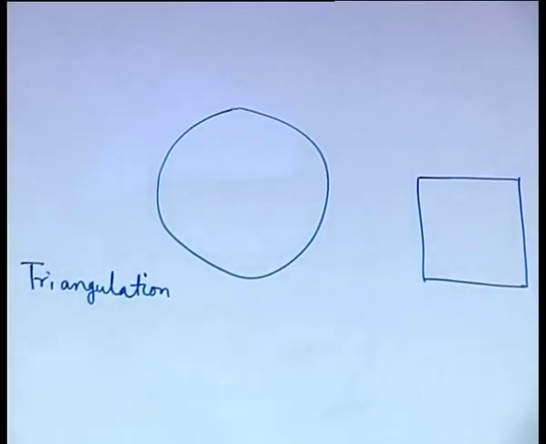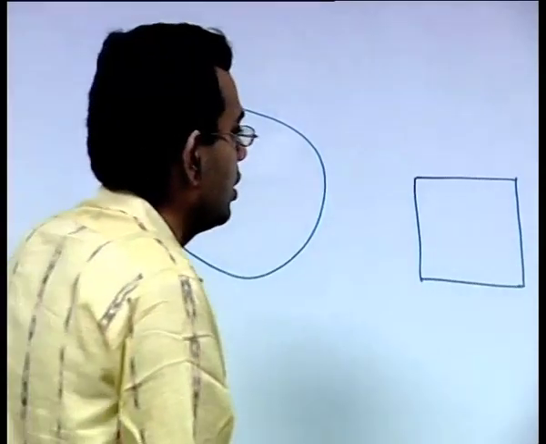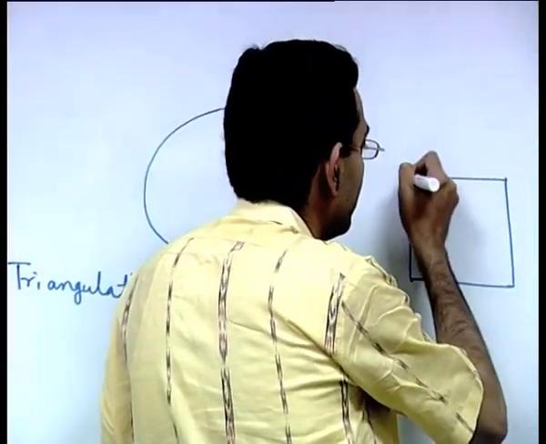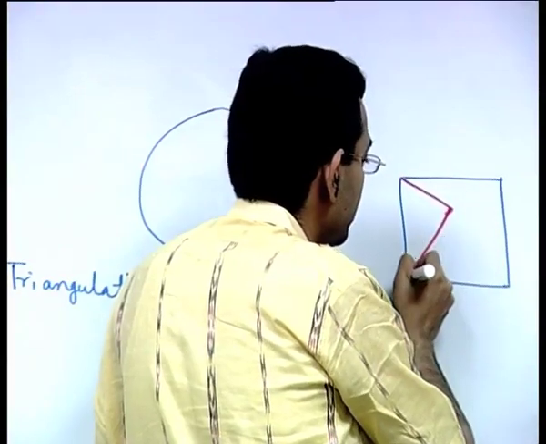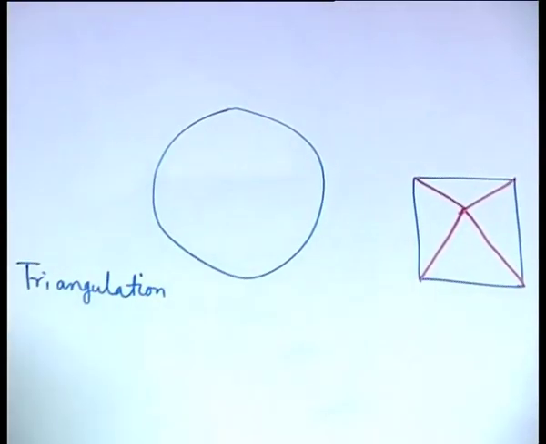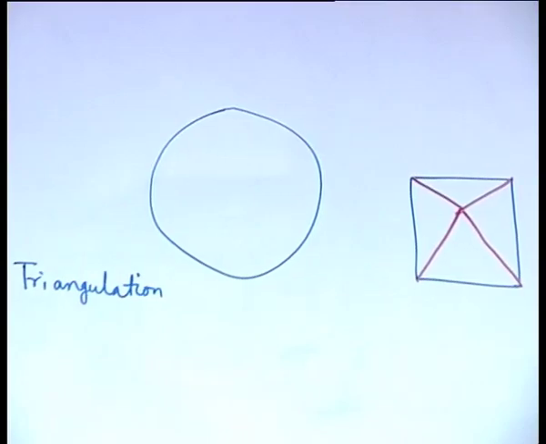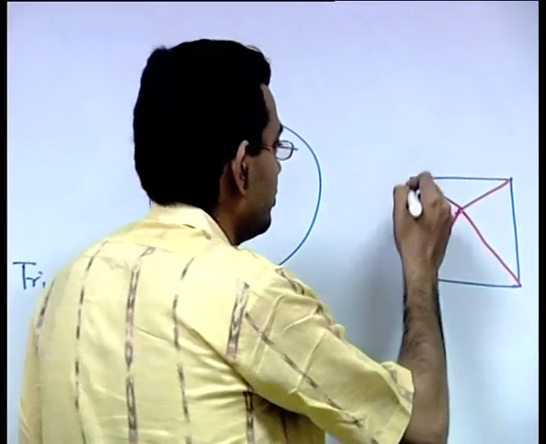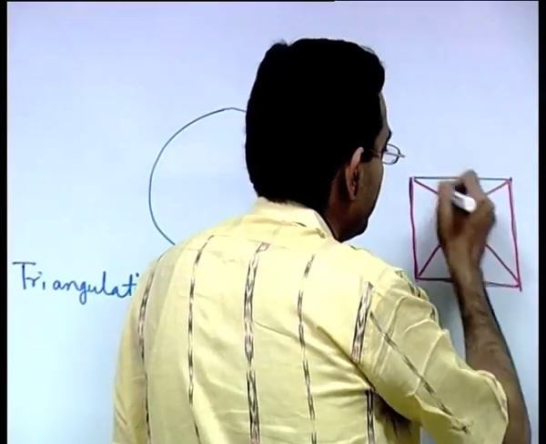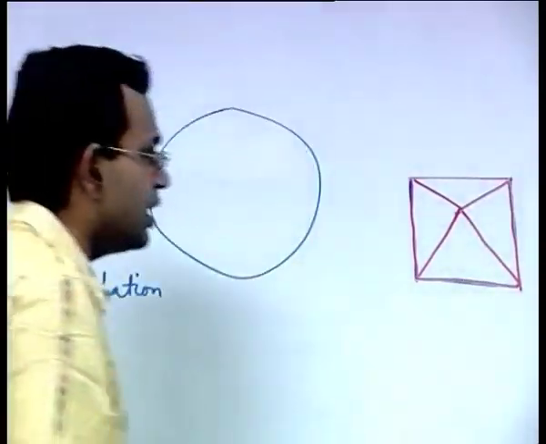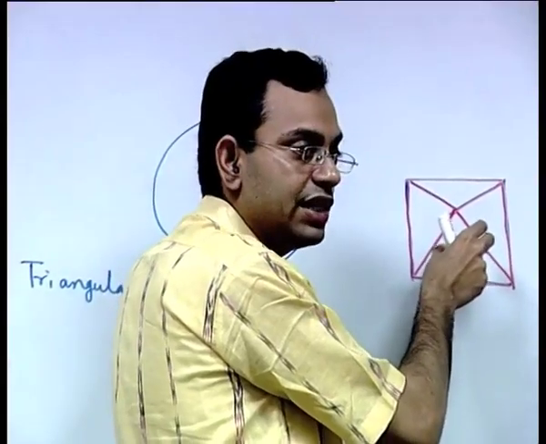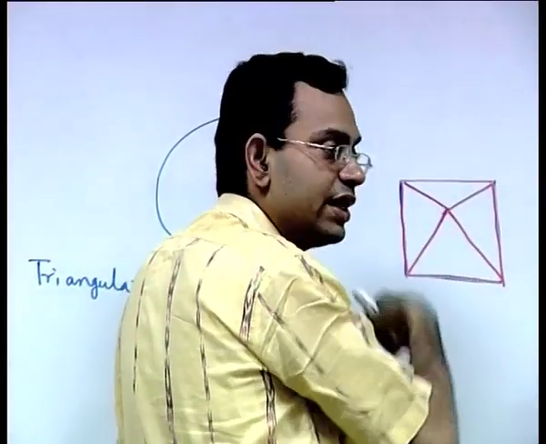So, how can you do a triangulation? Let us say that you take any point within the domain, then you connect the point with all the corners. So, you get some triangles. Next, this is not the finest quality mesh that you are looking for, so you need to refine it further.